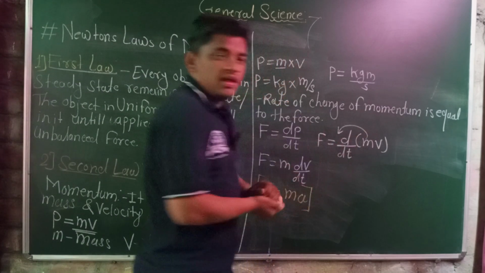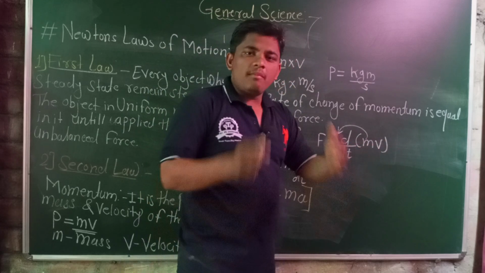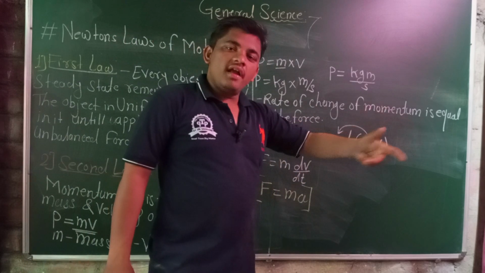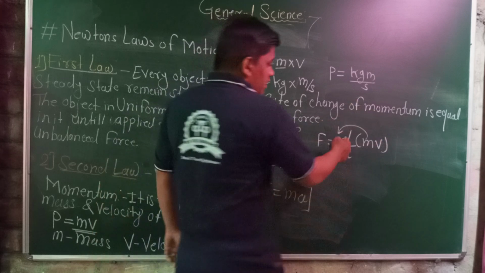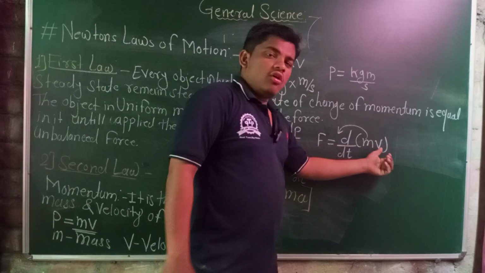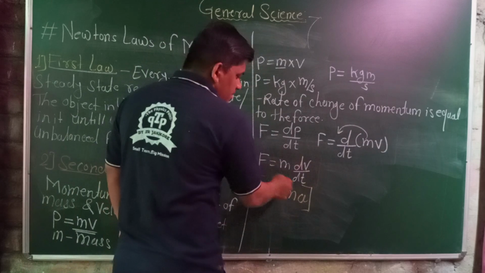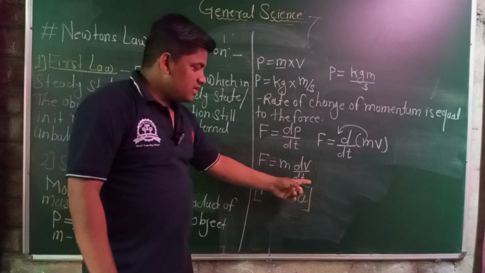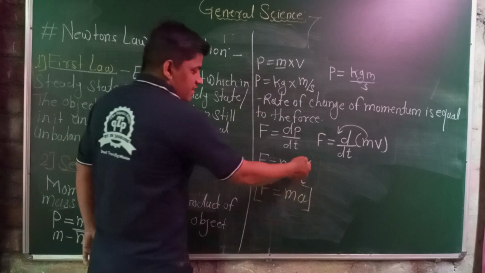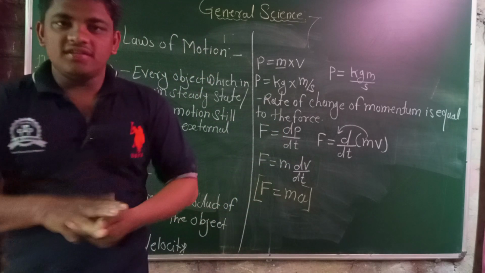The mass of the object is constant, but the velocity changes, so we take the derivative of the changing value, dv by dt. We know dv by dt, the rate of change of velocity with respect to time, is the acceleration a.